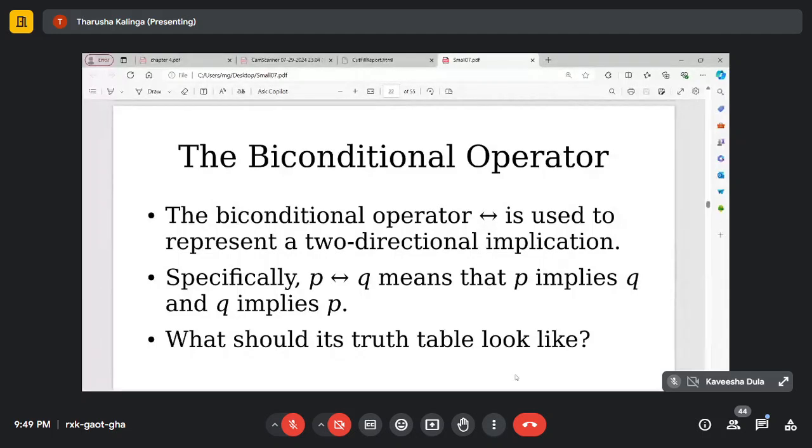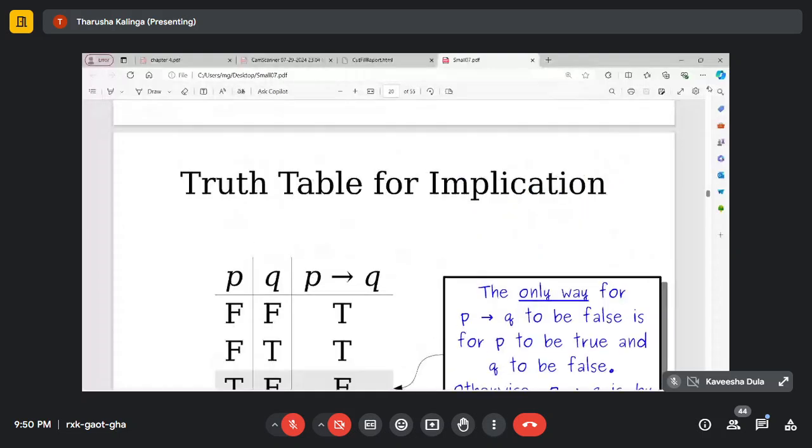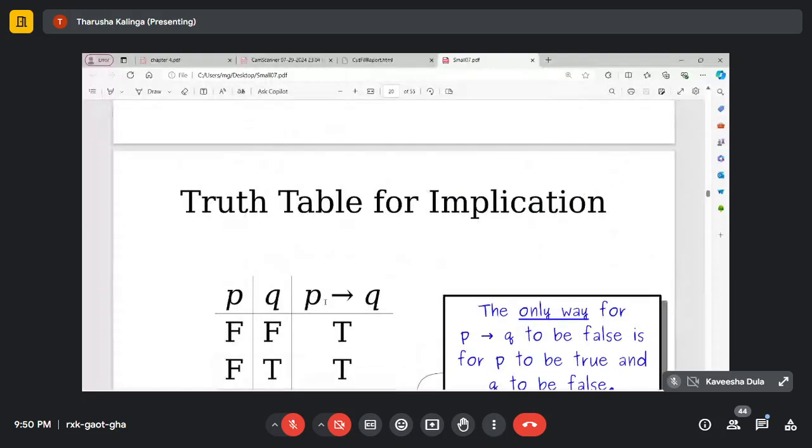We know that there's this implication symbol. Earlier one was implication, from p to q, which we talked about. Also it can happen like this, if we put the arrow the other way, from here to here, from q to p.